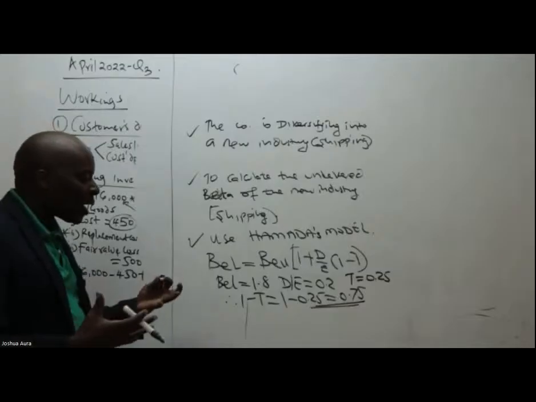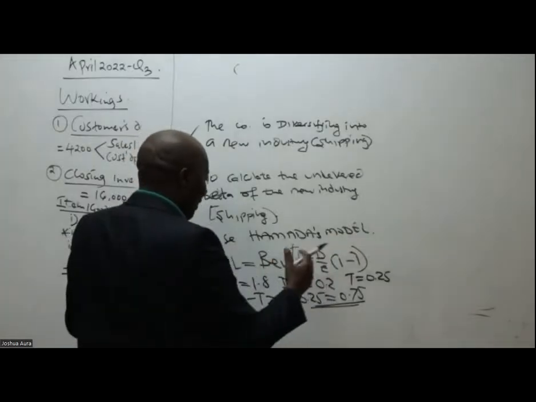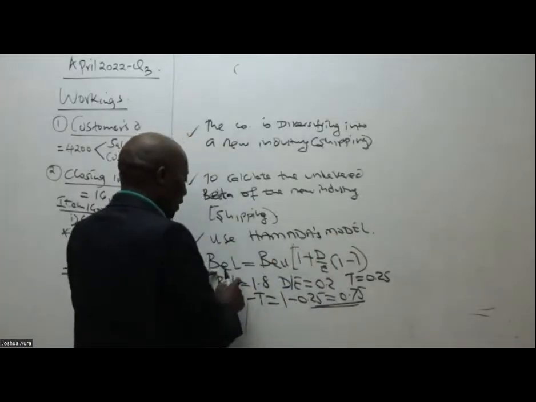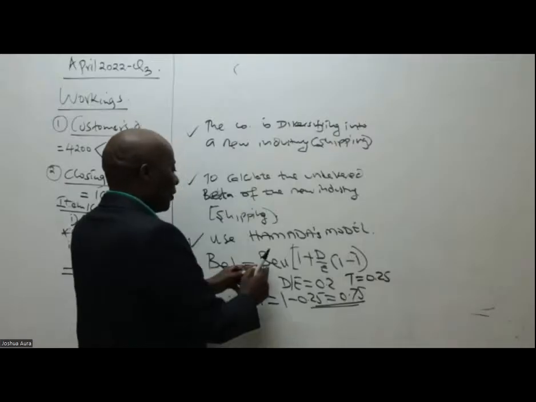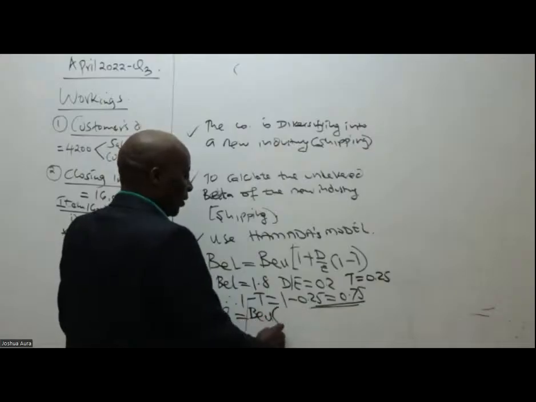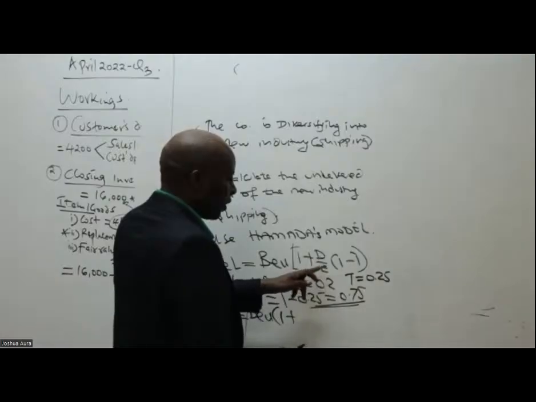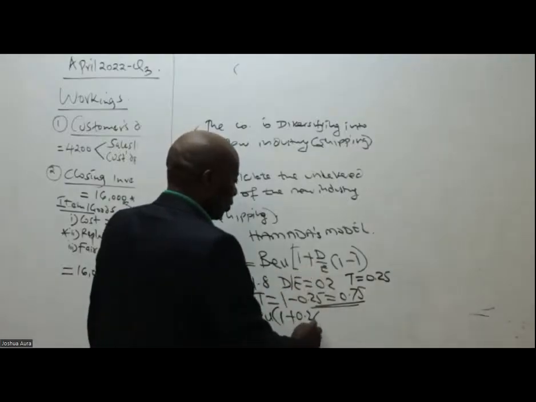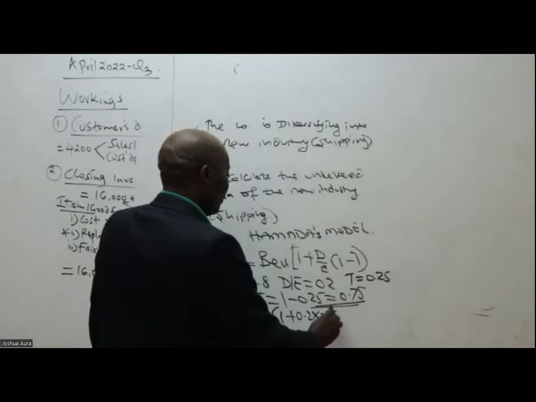Now, could you kindly plug in figures in this Hamada's model. So beta equity of a levered firm here will be 1.8 equals beta equity of unlevered into 1 plus debt to equity, which is 0.2, multiplied by 1 minus tax, which is 0.75.